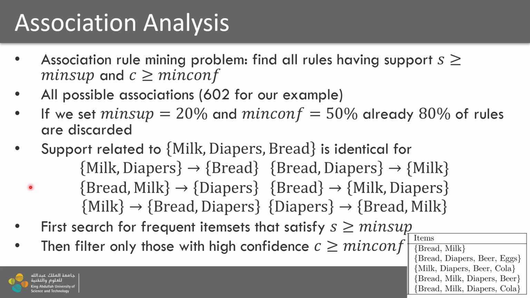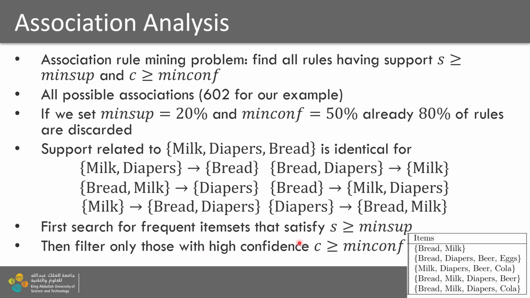One stage will be that we first search for very frequent item sets that satisfy the condition that the support is bigger than the minimum support threshold. And once we identify those, only those frequent item sets will be further analyzed to filter for rules which have high confidence.